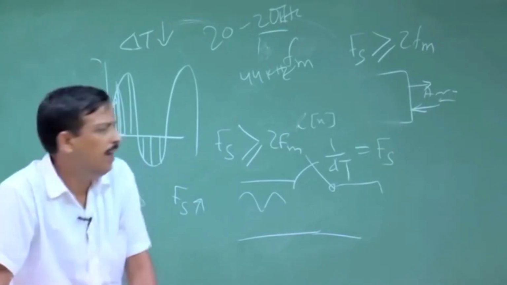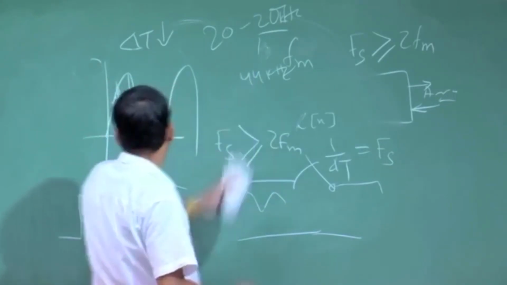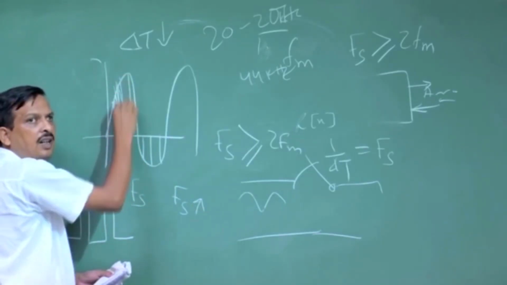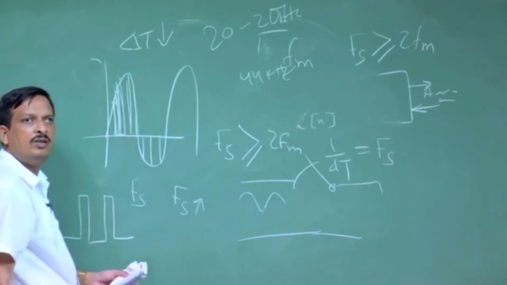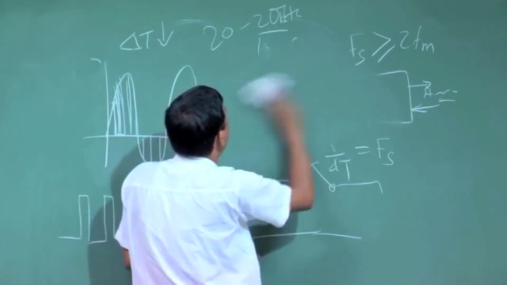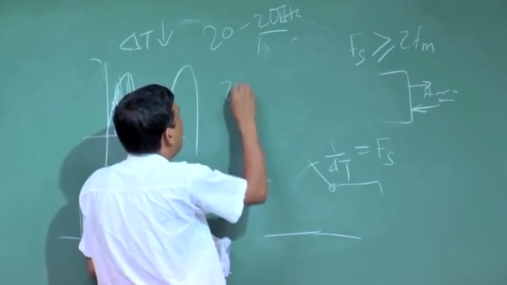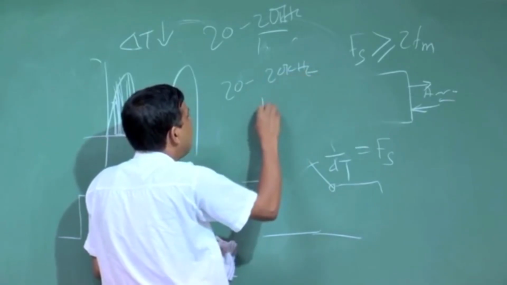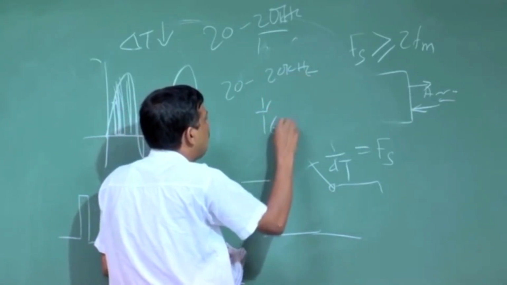Okay. Now, if I increase the sampling frequency, I said that I can take the signal accurately. Now, sometimes you see, although human speech is 20 hertz to 20 kilohertz, we have taken a sampling frequency of, let us say, 16 kilohertz.